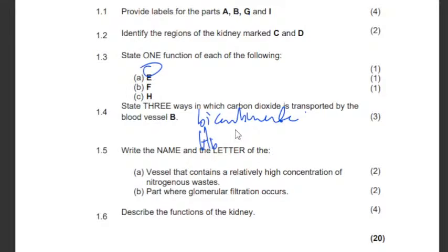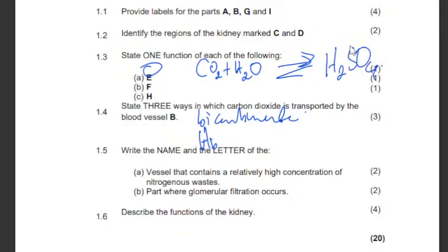Remember, when carbon dioxide reacts with water, it forms carbonic acid. This is slightly soluble, so it means that it is being transported.